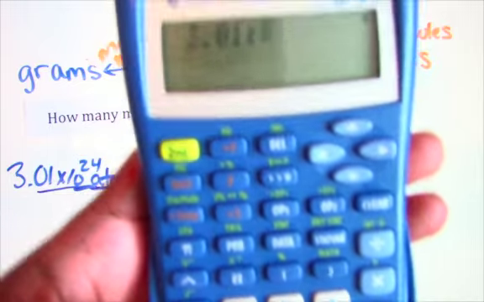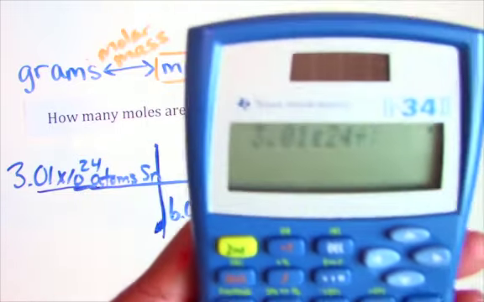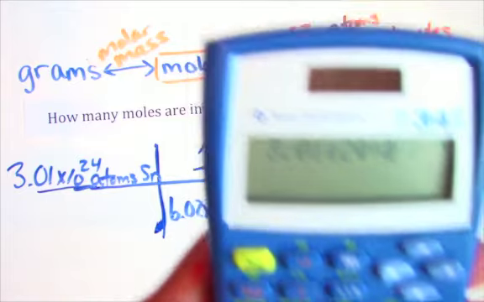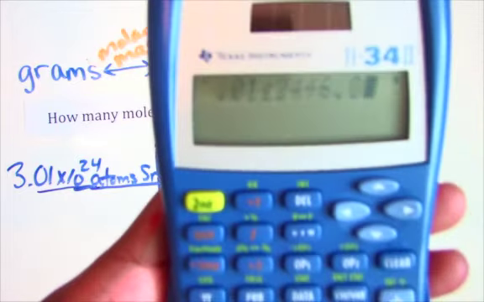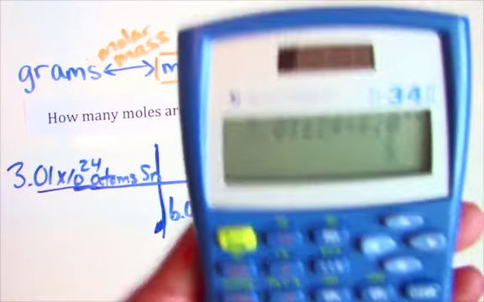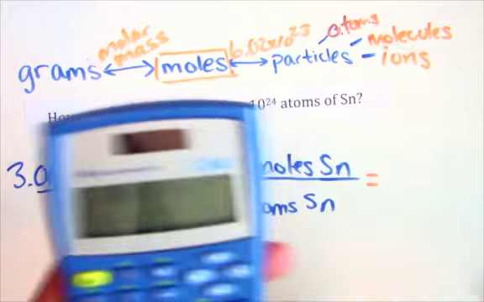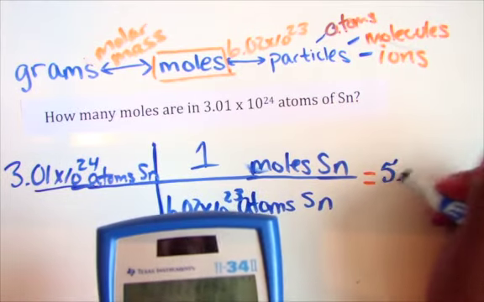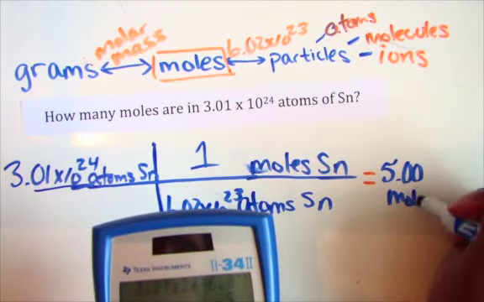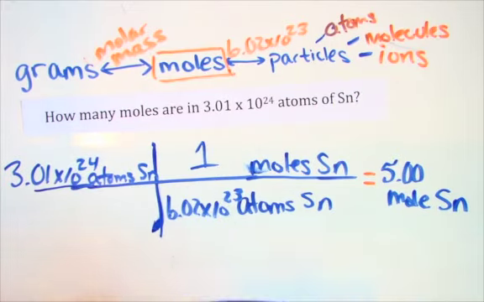So E to the 24th divided by 6.02, also that E button to the 23rd. Okay, so when we get that, then we find that we have 5 moles. And this is of Sn. Okay, so not too hard, right?